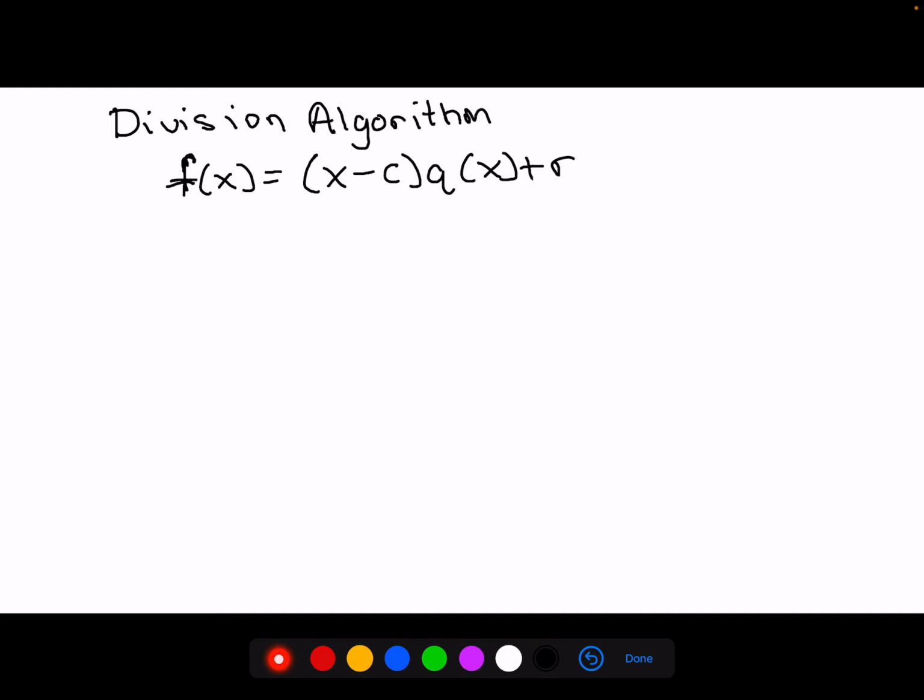For the part A, we have that c is bigger than 0. We know also the coefficients, we're talking about real coefficients, and we're talking about positive leading coefficient there. So all the coefficients of q of x are non-negative. By that part A, we're looking at the coefficients of the quotient are non-negative.